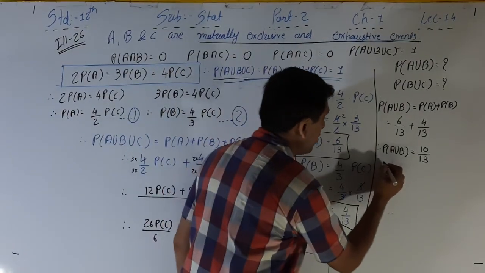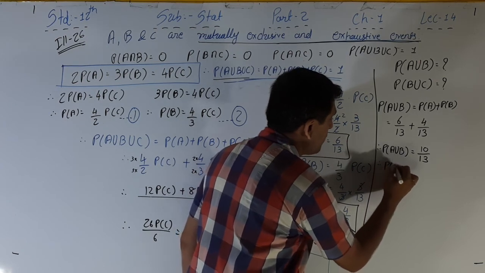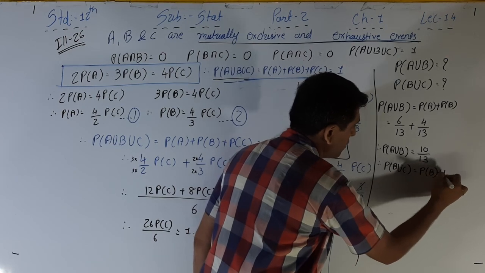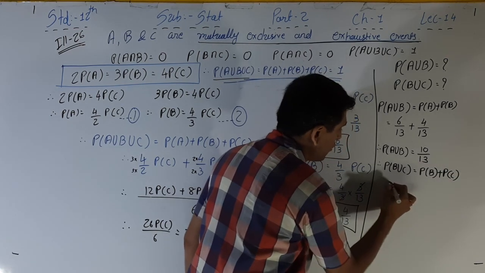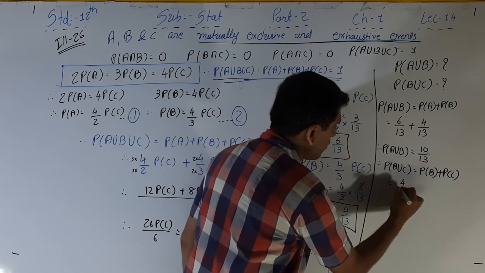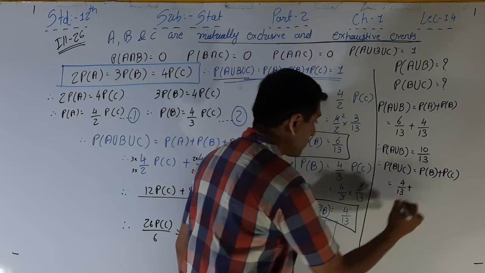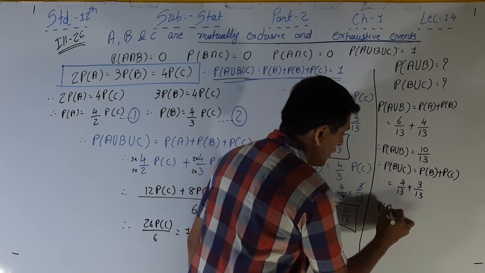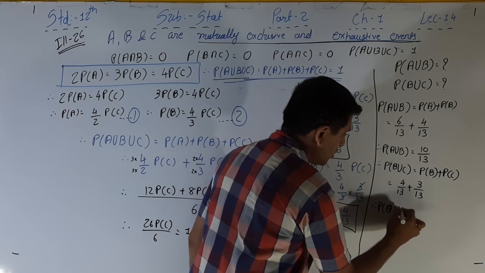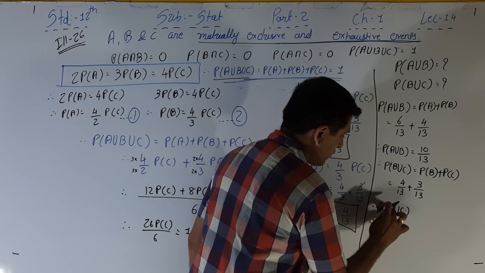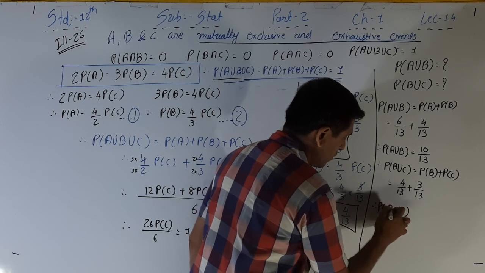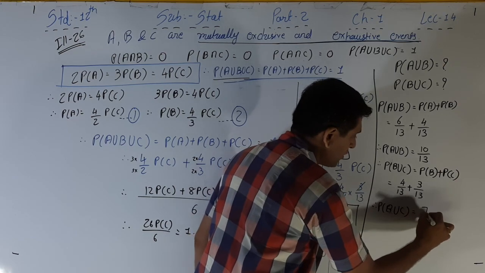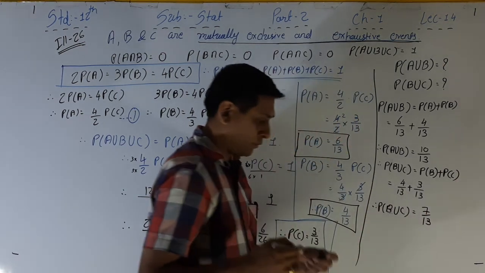And the second one, therefore P of B union C is equal to again P of B plus P of C. We have to put just the values here, 4 by 13 plus 3 by 13. Therefore, we can say P of B union C is equal to 7 by 13.